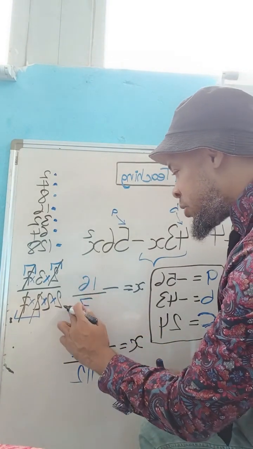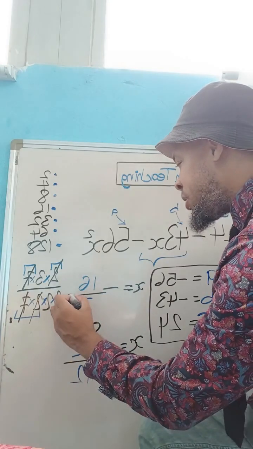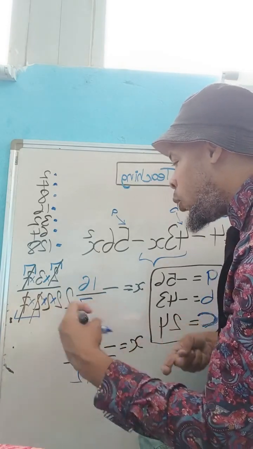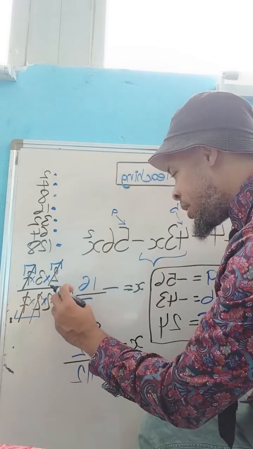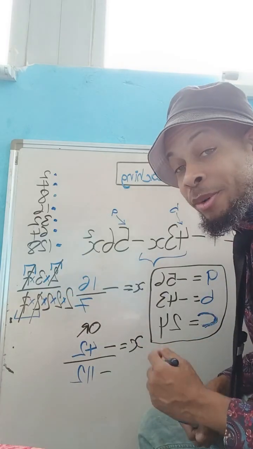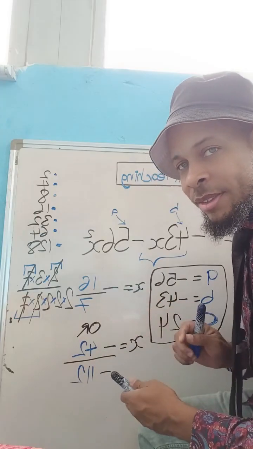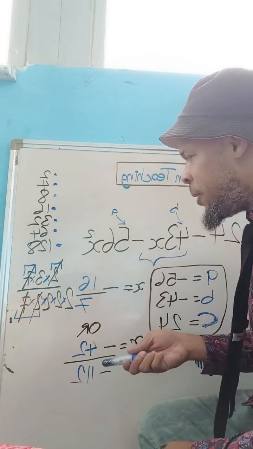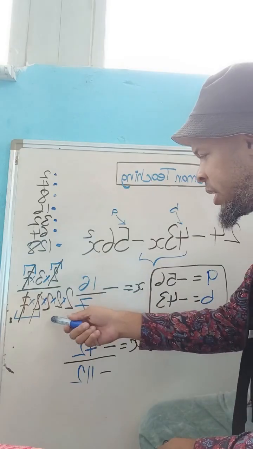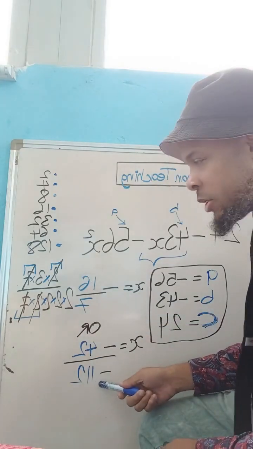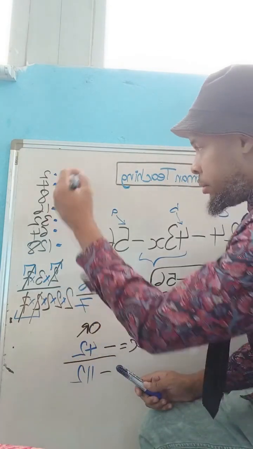Alright, so yes. So this is going to be 56 times 2. There we go. Alright, good. All is right with the world now. So now, 14 times 8 will give you 112.